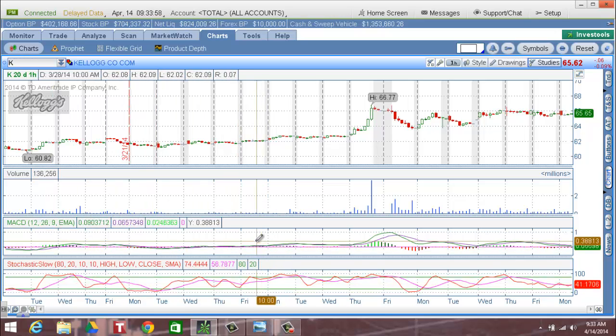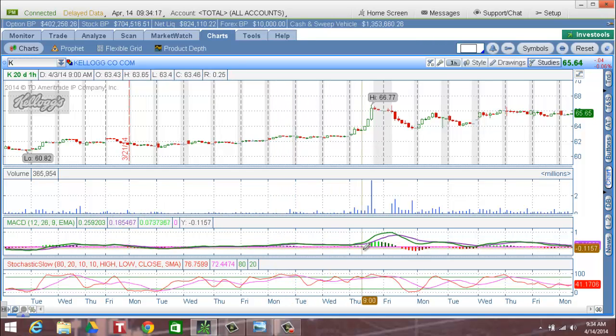So exactly what does the MACD do? Basically, the MACD is used to tell you your trend, the direction of your trend, and it fluctuates above and below the zero line here. As you can see, it fluctuates above and below this histogram area, and above and below your zero line.